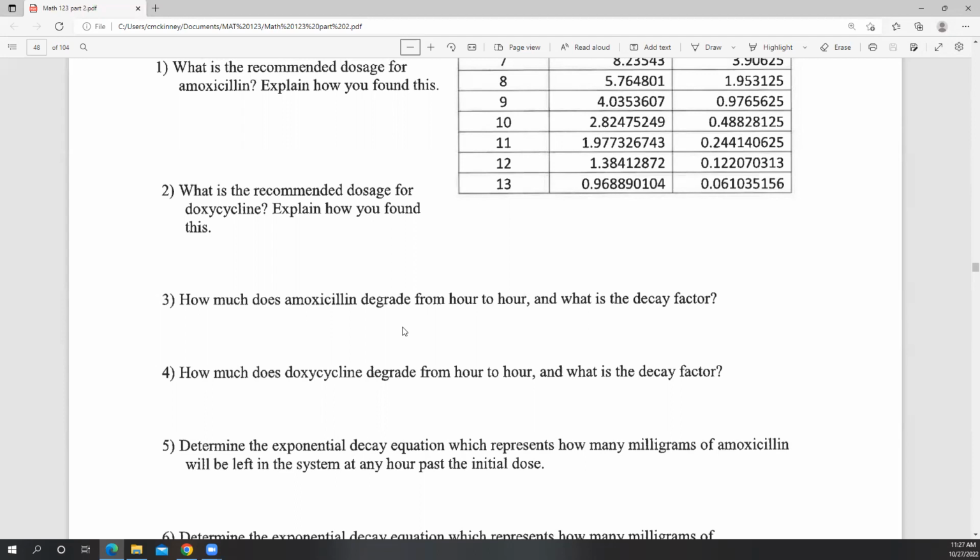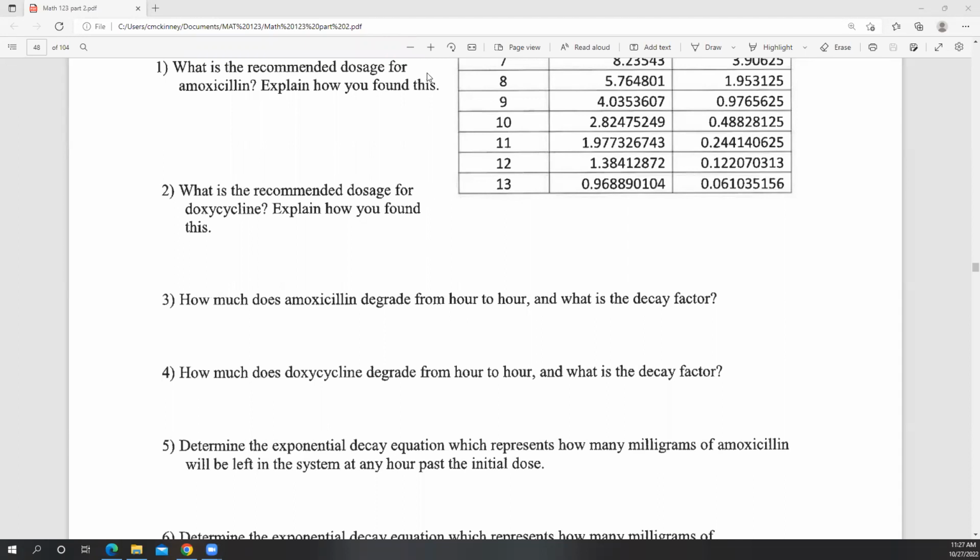And the decay factor would also be 50% or 0.5, because if I do 1 minus 0.5, it's still 0.5. So please don't think that those two numbers are always the same, because for doxycycline, it's going down 30%.